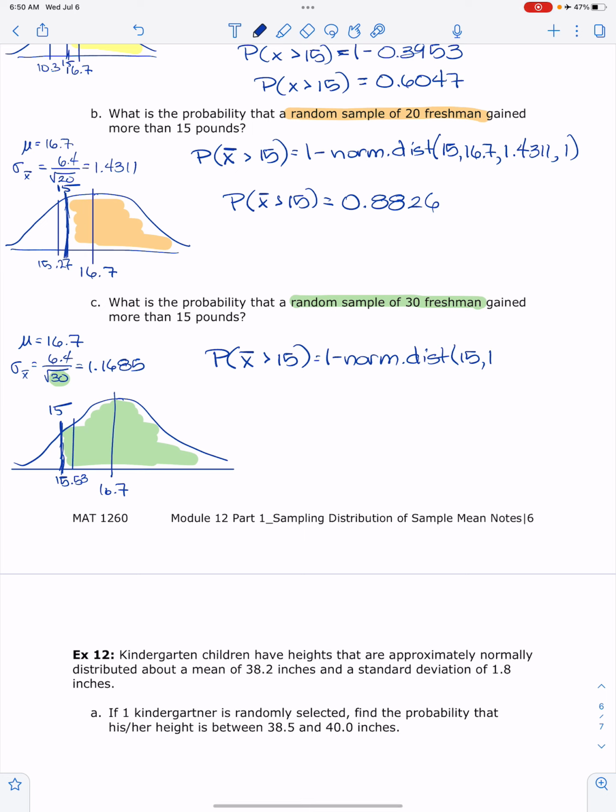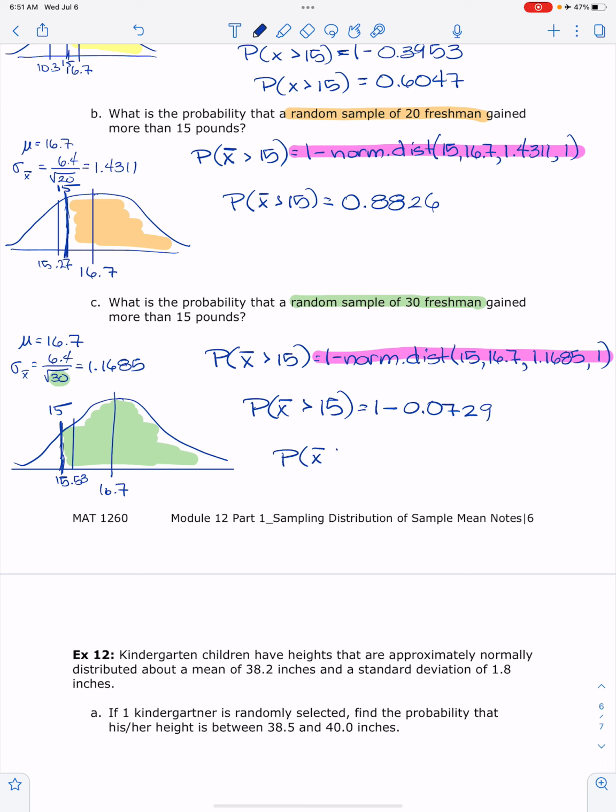Again, same x value, same mean, different standard deviation. Let's get this Excel command, and this one. This one I did separately. So probability our x bar is greater than 15, 0.9271.